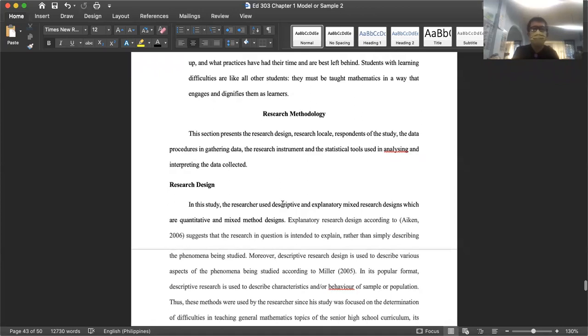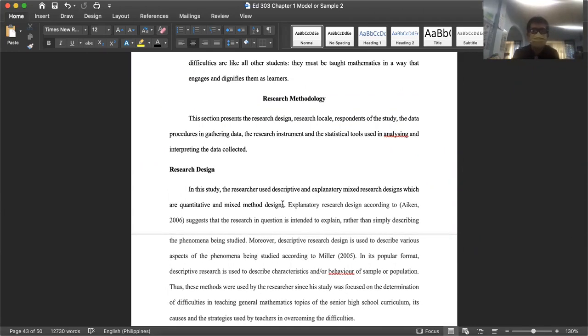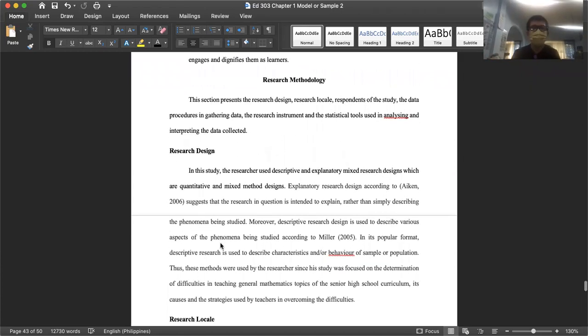And then we go to the research methodology. So research design. You can just copy the research design. I mentioned in this study, the researcher used descriptive and explanatory mixed research design, which are quantitative and mixed method designs.